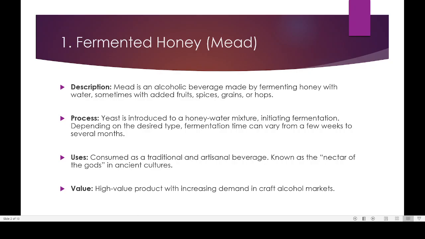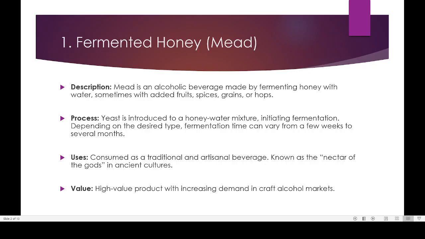By the addition of yeast, there are some advantages. Yeast is a microorganism that can cause fermentation. So that will ferment the honey, and depending on the desired type, fermentation time can vary from a few weeks to several months. It depends on what type of yeast we introduce and what type of honey.